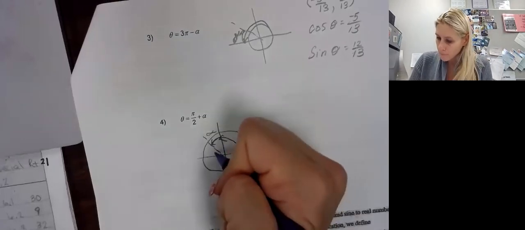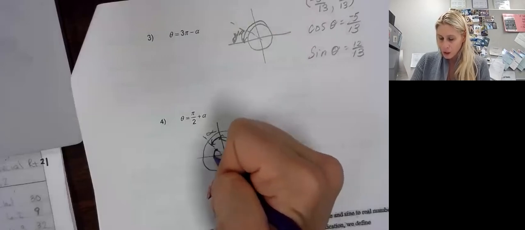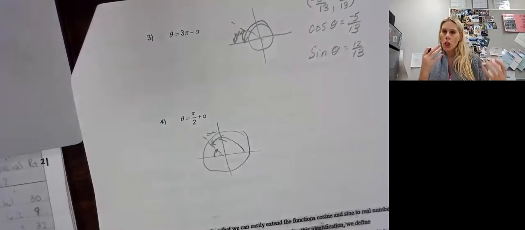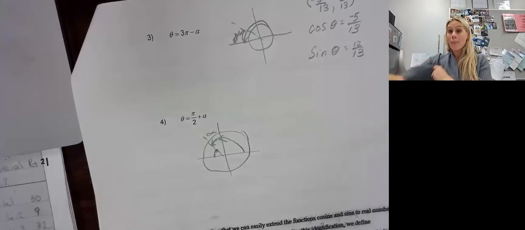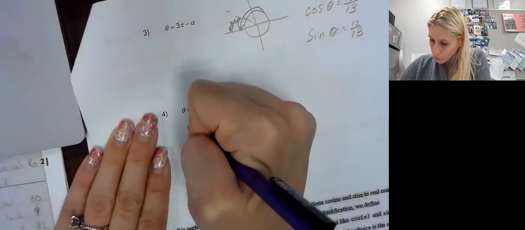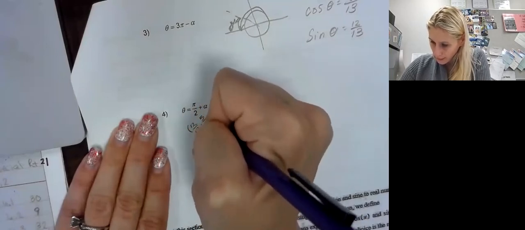So if you see, when we talk about what position we're at, we're actually looking at the opposite one. So in other words, connect it with the 30-degree angle and the 60-degree angle, right? Those two, what happens when you're talking about opposite there? Talking about how much away you switch your coordinates. So in this case, the position of our coordinate is going to be 12 over 13, comma, 5 over 13.